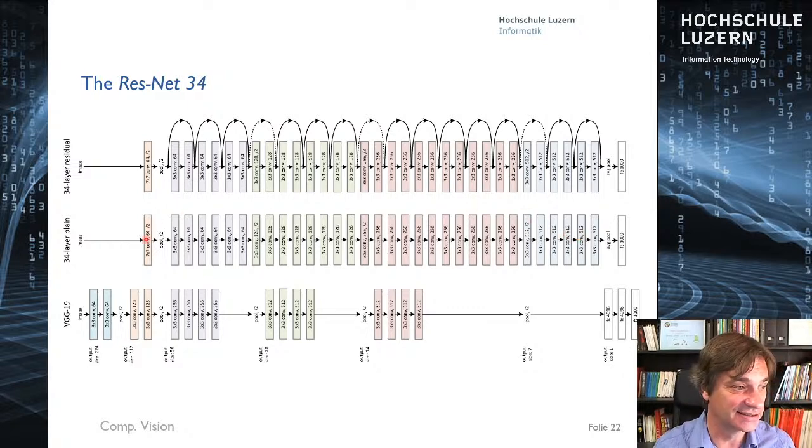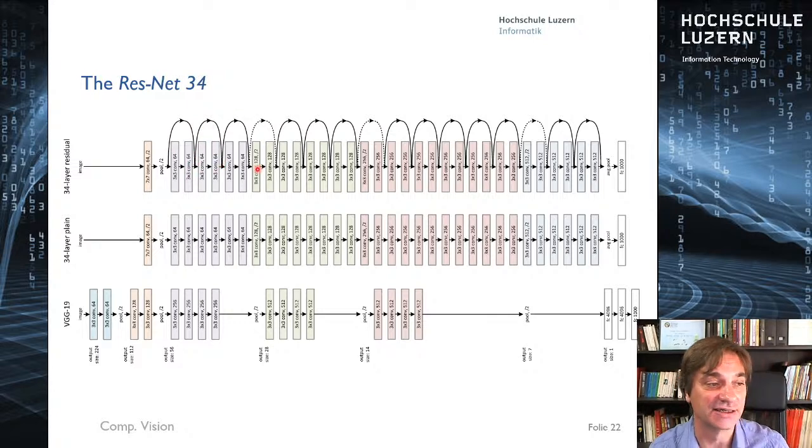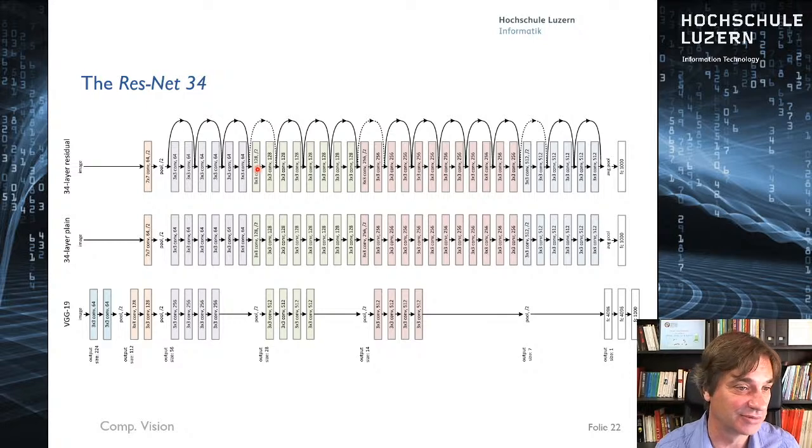And this would be just a plain network, and then this would be the network with the residual connections. So every two layers you have those residual connections, and they don't need any parameters. You just have to add the input from before. So this is actually quite easy to do.